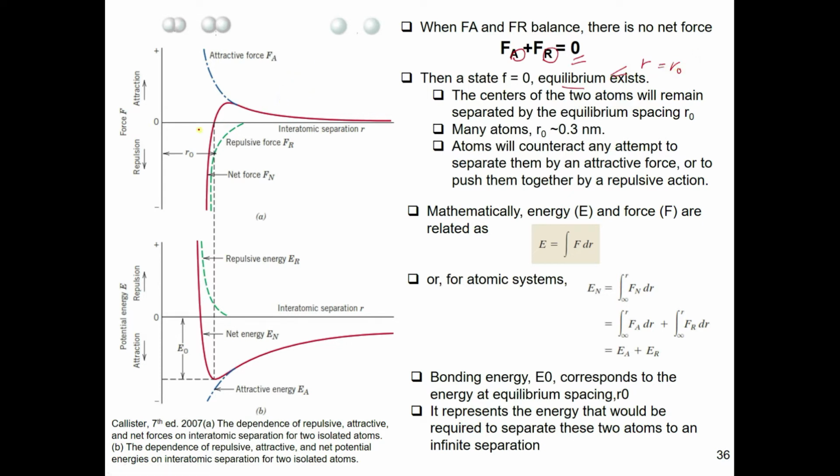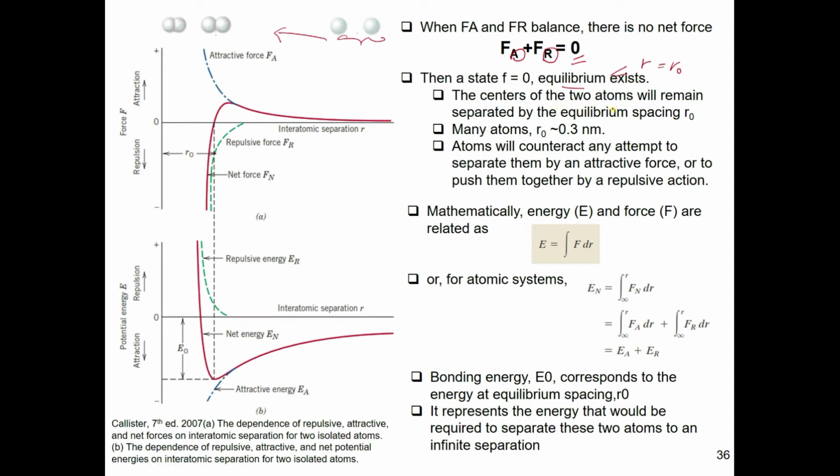As you can see in this graph, the two atoms are far from each other at the infinite region, and as they close together, the attractive force increases, and it reaches the point where the repulsive force starts to act on the atoms, and it reaches the region of equilibrium here when R is equal to R naught.